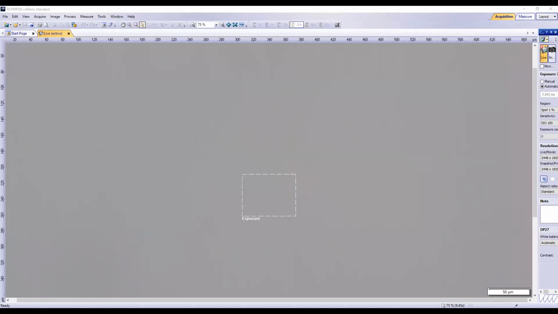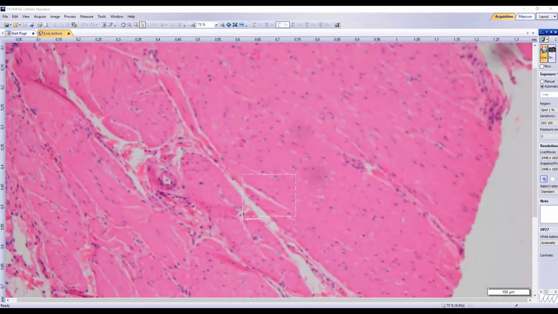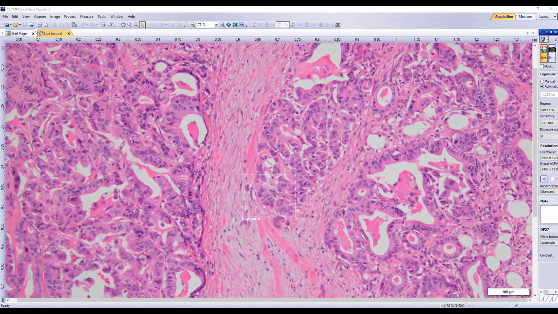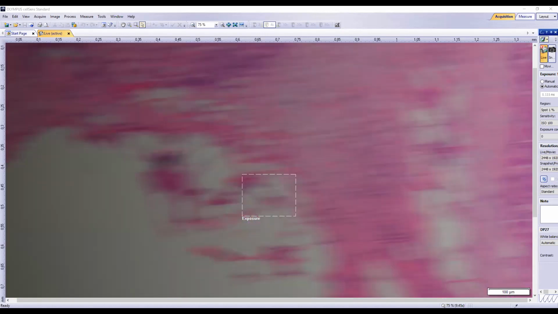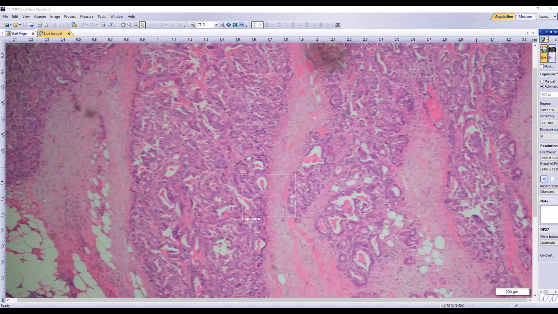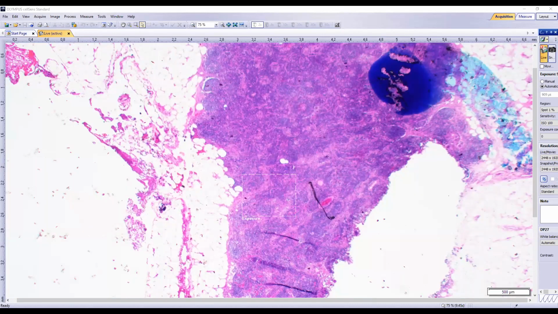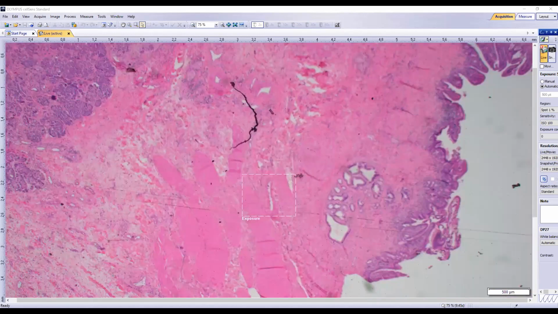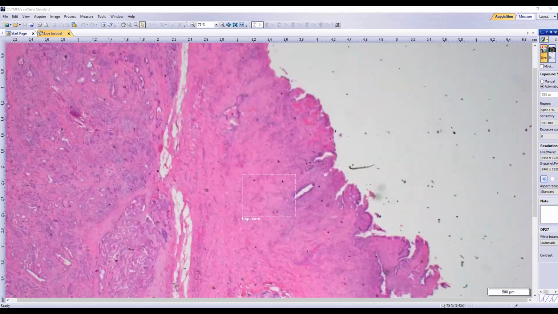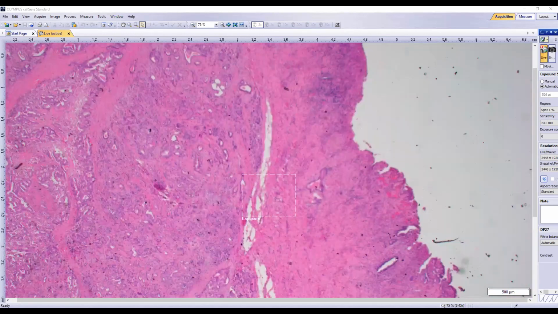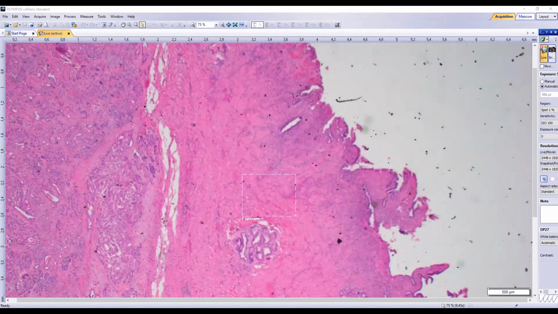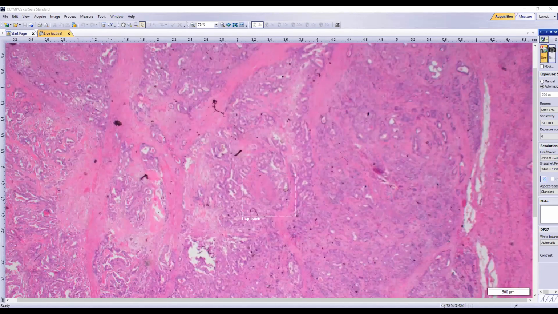Okay. So this other case is a 47-year-old male with a 2.5 centimeter pancreatic head mass. So on low power, let me see. There's not much pancreatic parenchyma here. Looks like there is the ampulla on one side here, then the lesion itself.